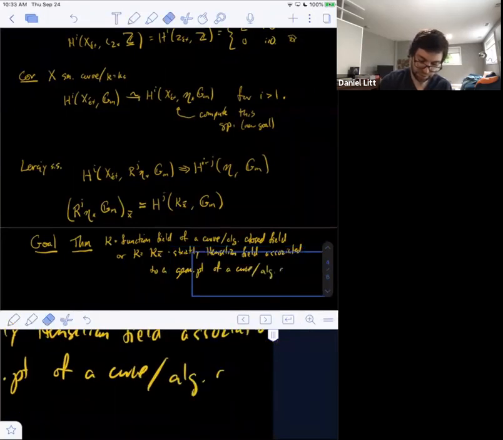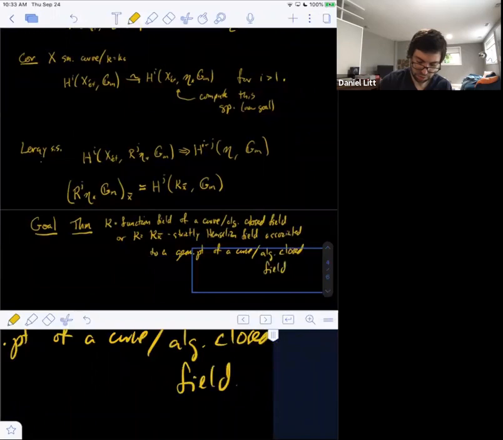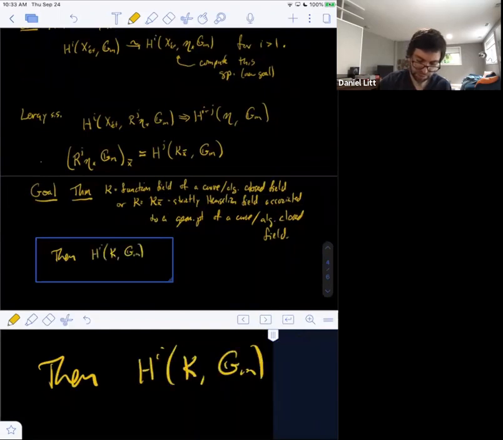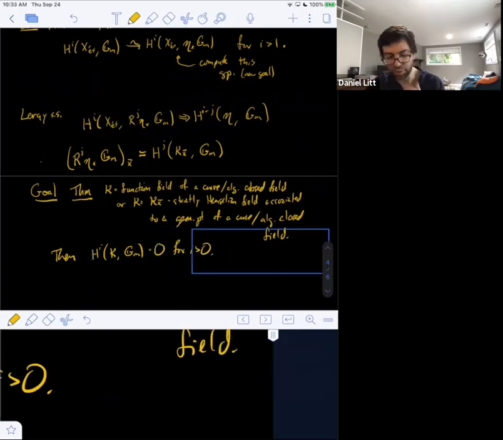Well, let me keep writing algebraically closed field. Then the theorem is that H^i of K with coefficients in G_m equals 0 for i bigger than 0. So this is what we want now.